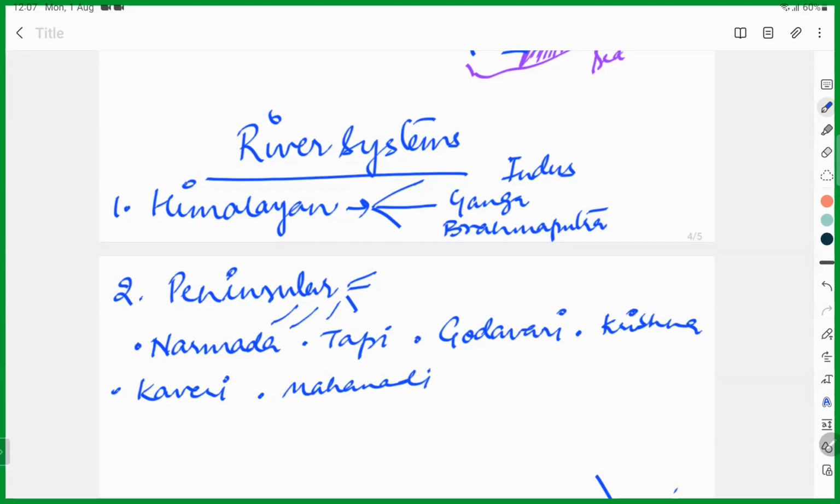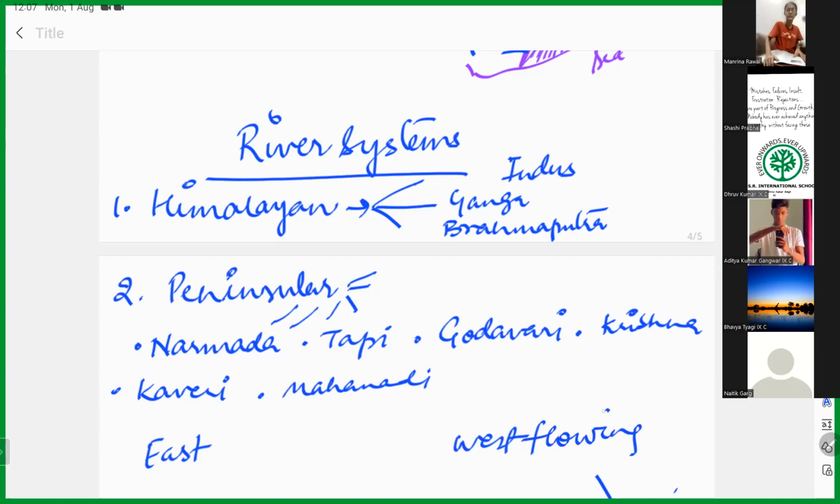Okay. Fine. See, these peninsular rivers are categorized into two categories: east flowing and west flowing.